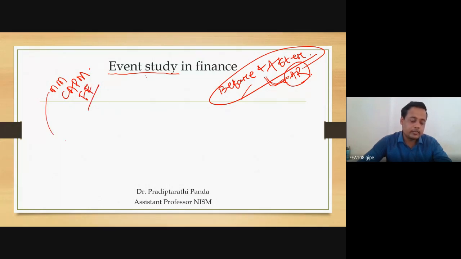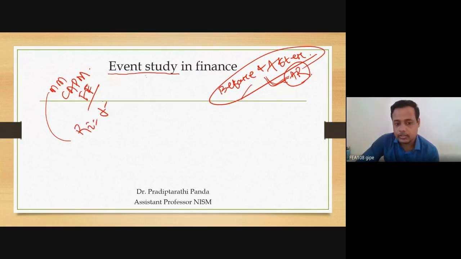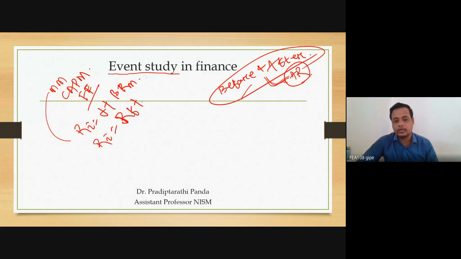Now, what is that market model? It is Ri equals alpha plus beta Rm. What is this CAPM model? Ri equals, you can say, Rf plus beta (Rm minus Rf). Okay. So we take this risk premium.